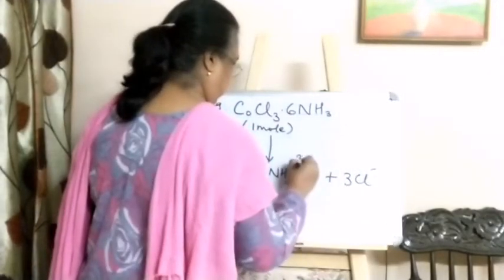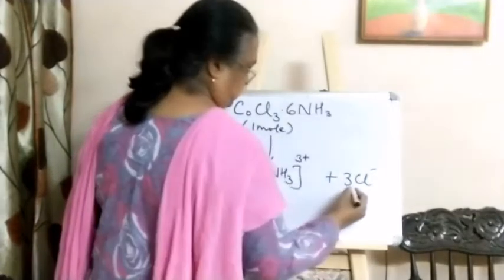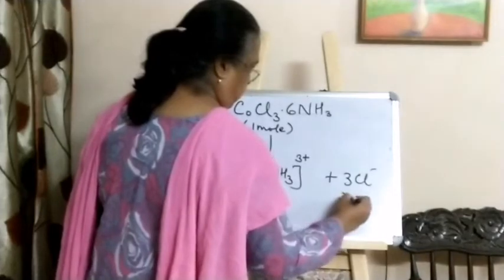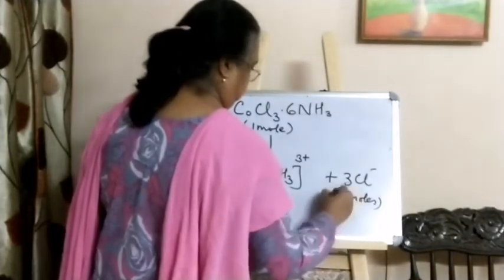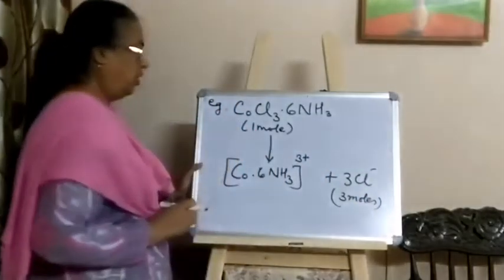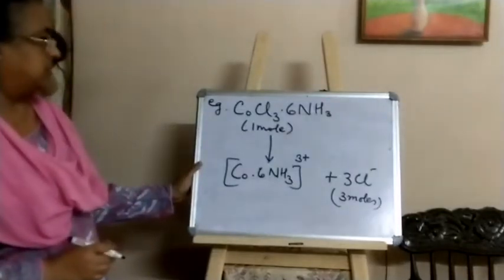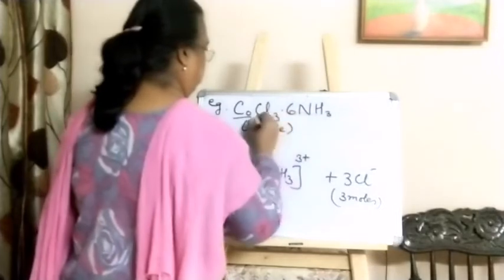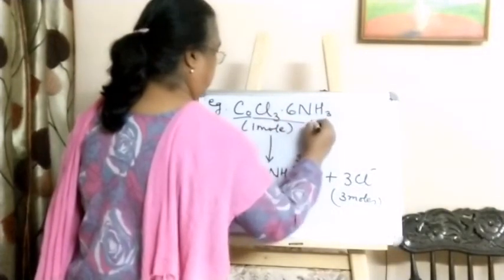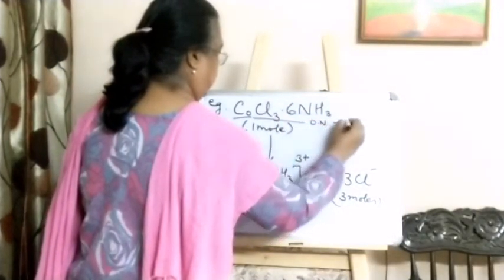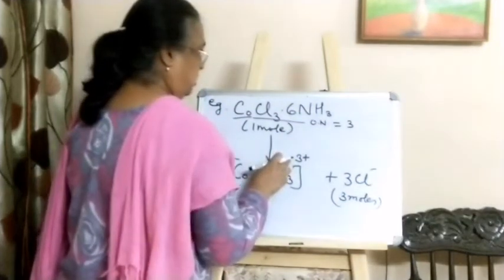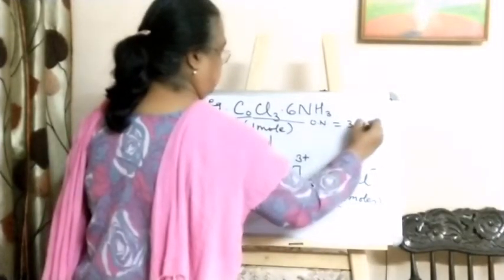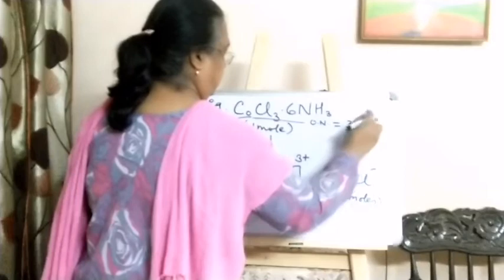So here there were 3 positive charges. 3 moles of chloride ions were given by 1 mole of this compound, and that indicated that this cobalt has oxidation number 3. So this is its primary valency.